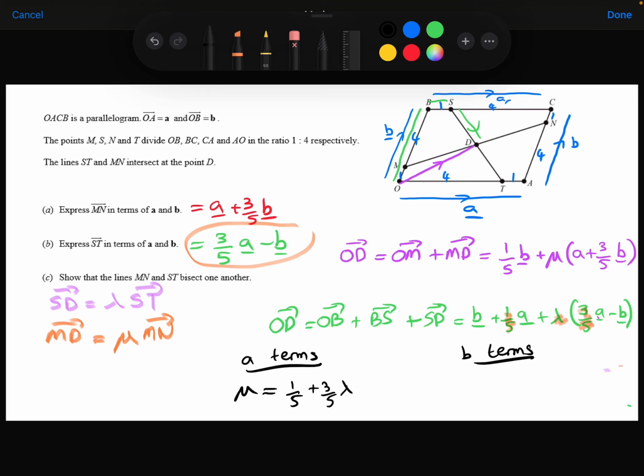And those terms should be equal to one another because they represent the same vector. If we now do a similar thing with the B terms, for the first expression, we've got the 1/5 plus mu times 3/5. And for the second expression, we've got 1B here and a lambda times minus 1 there.